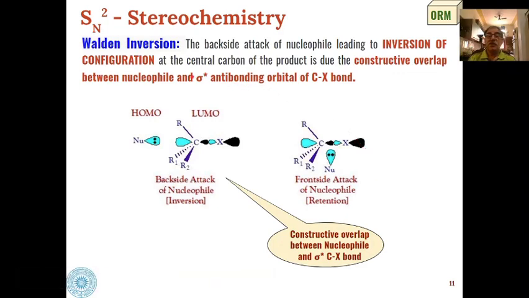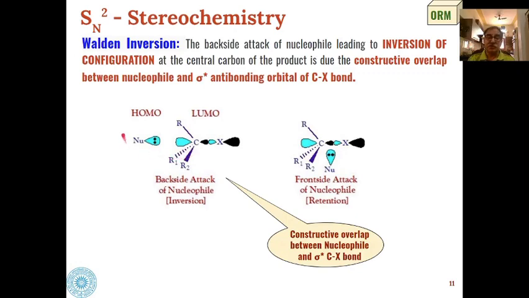Then the backside attack of the nucleophile, as I have told you, leads to the inversion in configuration, and this can be explained due to the constructive overlap which takes place between the nucleophile and the sigma antibonding orbital of the C-X bond, which we have also seen in the previous slides.